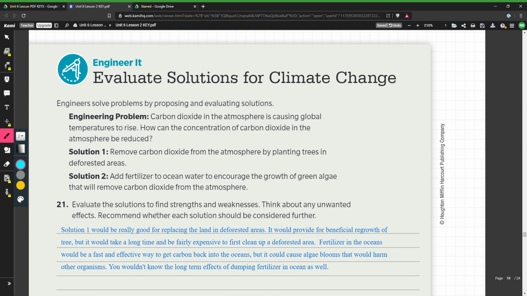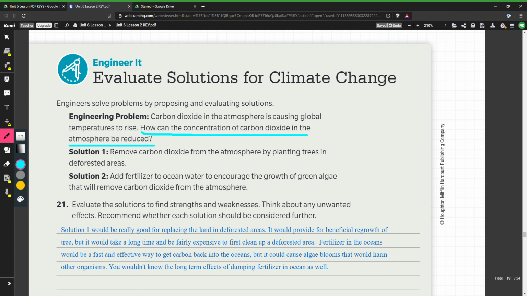And lastly, this is evaluating solutions for climate change. The problem is carbon dioxide in the atmosphere is causing temperatures to rise. And these are two solutions of how the concentration of carbon dioxide in the atmosphere can be reduced. So this is two ways to get there to be less carbon dioxide in the atmosphere.